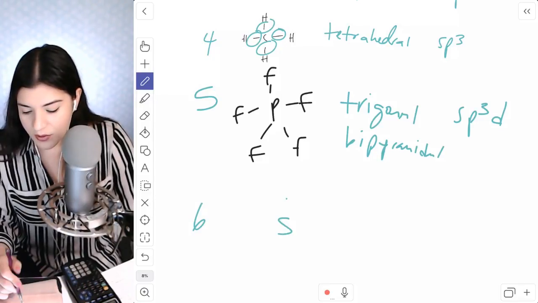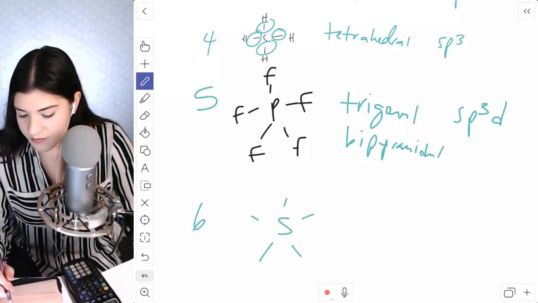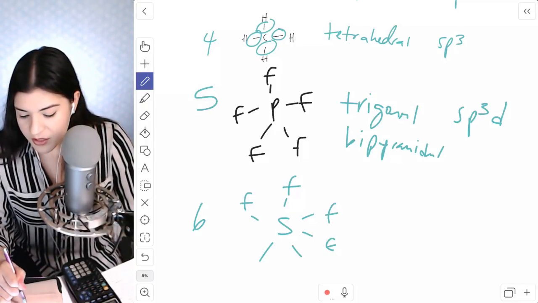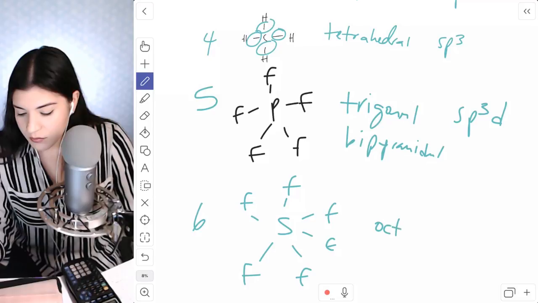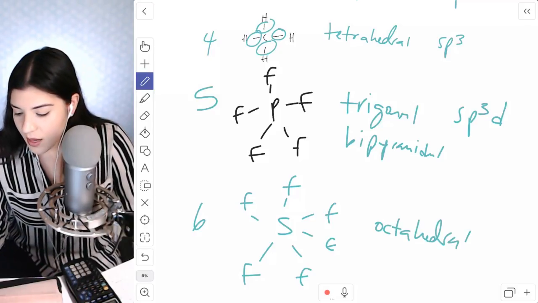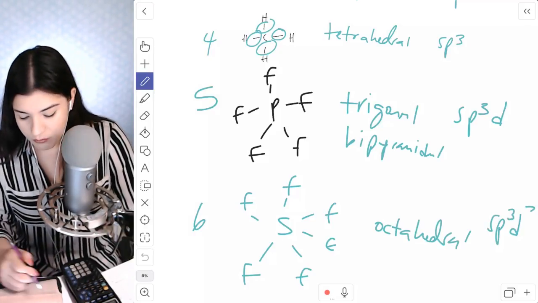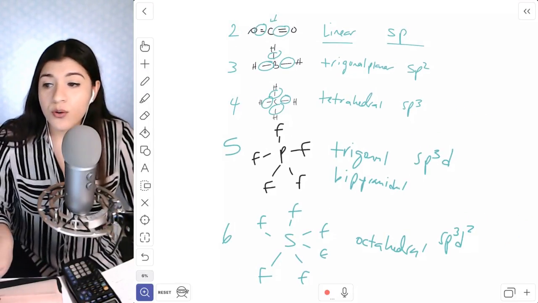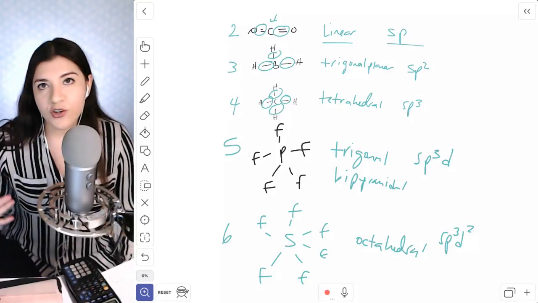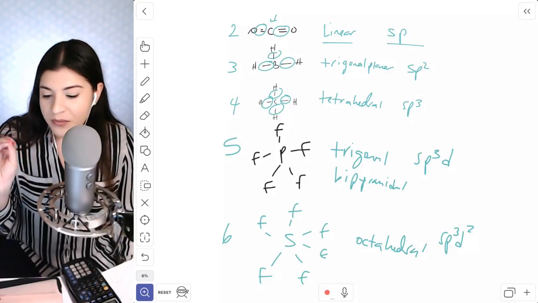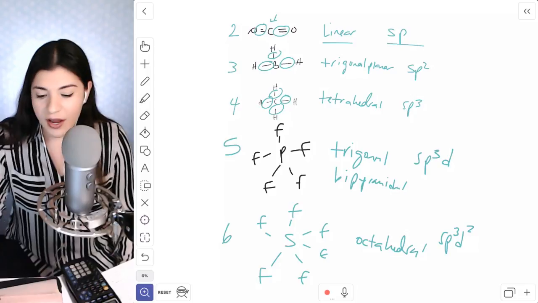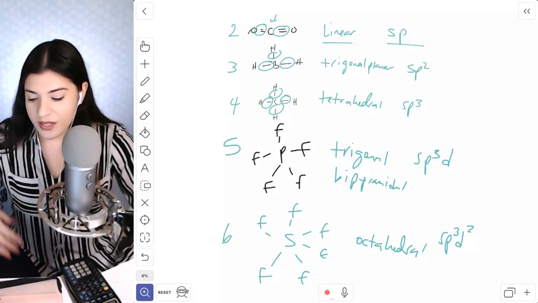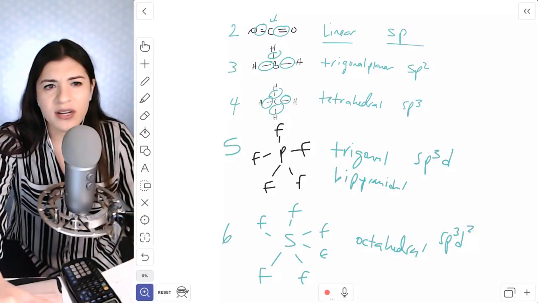So that's 6, let's say if there were 6 fluorines. That would be octahedral, then that would be sp3d2. And that's actually the entire hybridization chart list. So you're really just looking at the electron geometry of that central atom, and then it tells you. If it's linear, sp; trigonal planar, sp2; and so on. So I hope that makes some more sense, but this is really the main part of it.